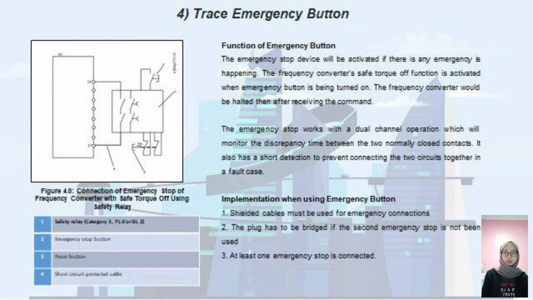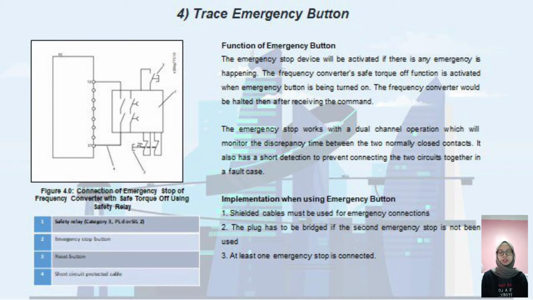The emergency stop works with a dual channel operation which will monitor the dispersion time between the two normally closed contacts, and it also has short detection to prevent connecting the two circuits together in a fault case.